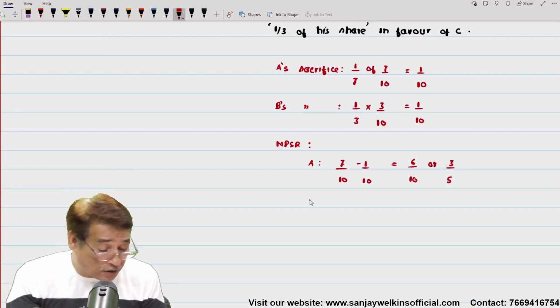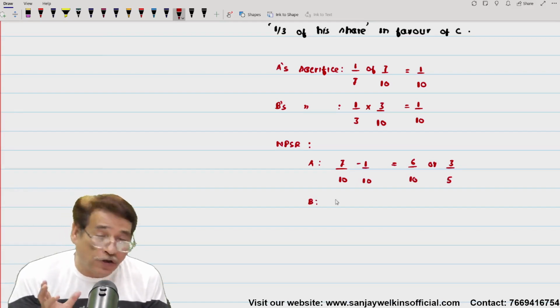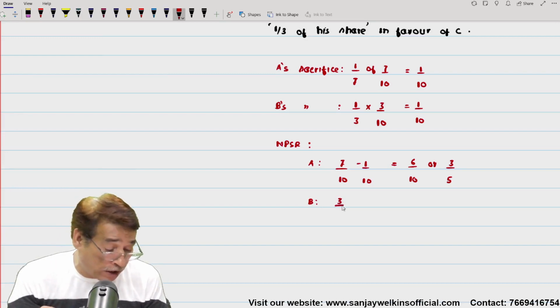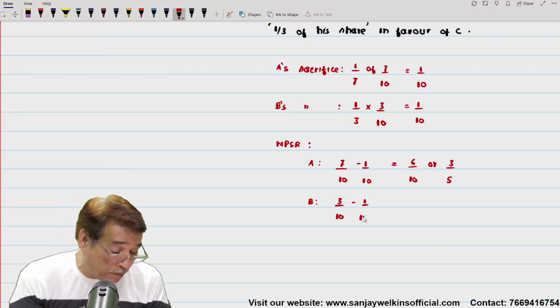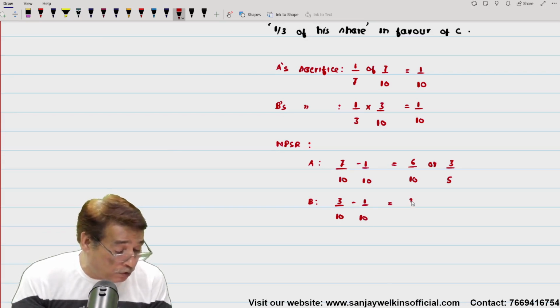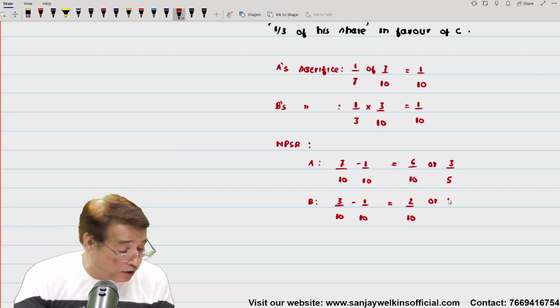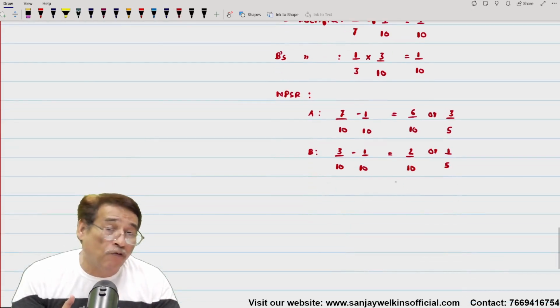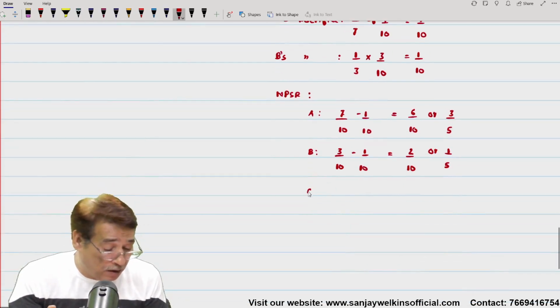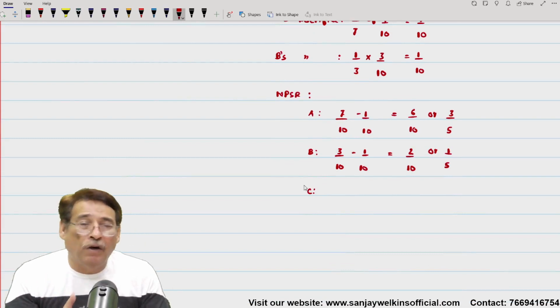Correct? Now, similarly, you can compute the new profit sharing ratio of B from the old ratio. You can subtract the sacrifice made by him. So that will be equal to 2 by 10, because this is what B is left with. This is the new ratio of B. And if you want to shorten it down, it will be equal to 1 by 5. Now, the question is, what is the new ratio of C? It is very simple.